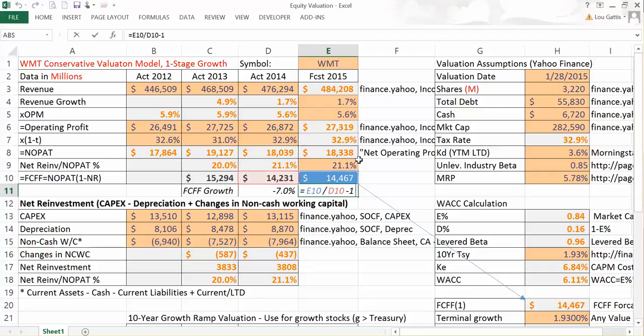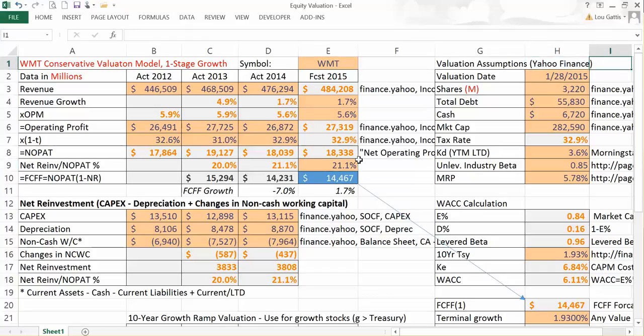My estimate is that the free cash flow will grow by 1.7% from 2014, which is also the growth in sales. It doesn't always work out to be that way, but that's because of the constant free cash flow assumptions of CapEx and reinvestment rates. So all this work is for this $14 billion. That's my estimate of free cash flows for Walmart in 2014.